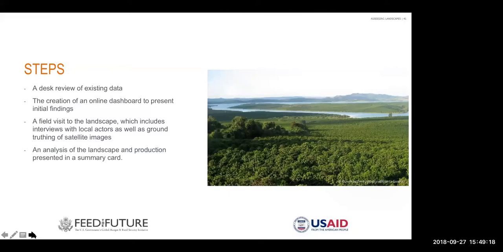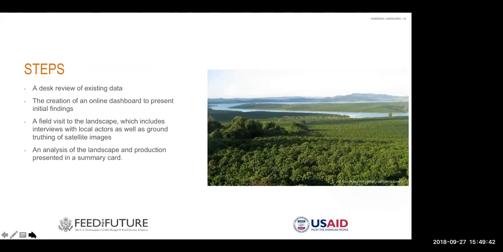And then revising those initial dashboards and presenting a final draft of an analysis of the landscape in a summary card, which is usually 2 pages, one with the graphs and images, and another with a narrative that shows what the risks and opportunities were, and where we think investment should be going.